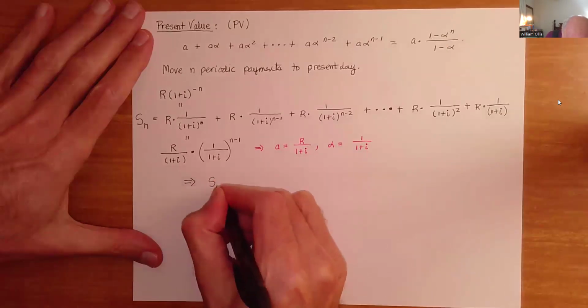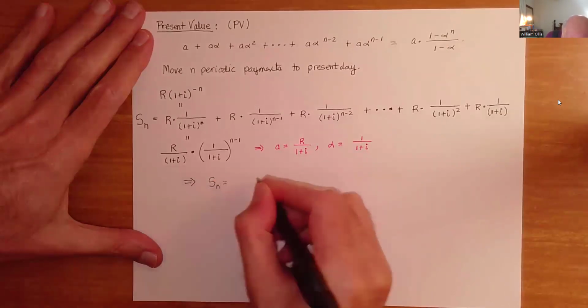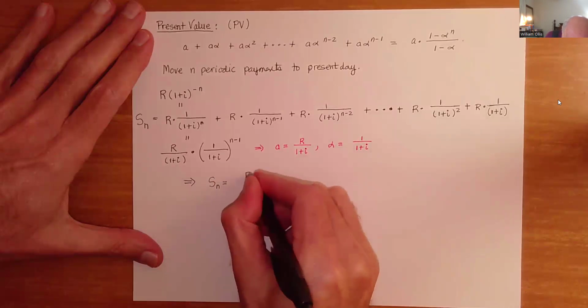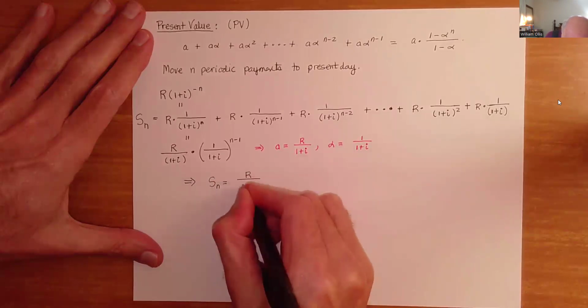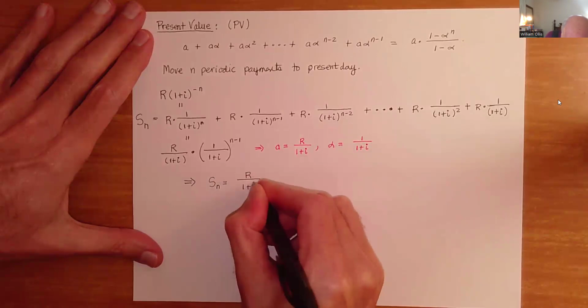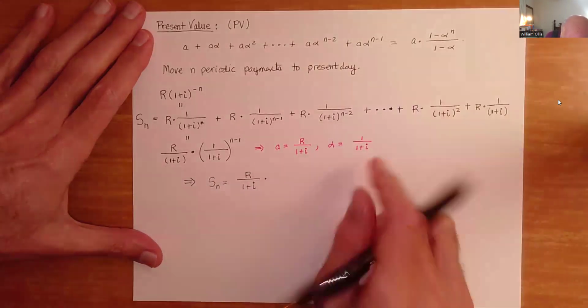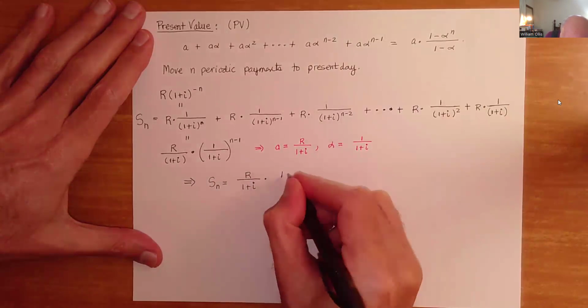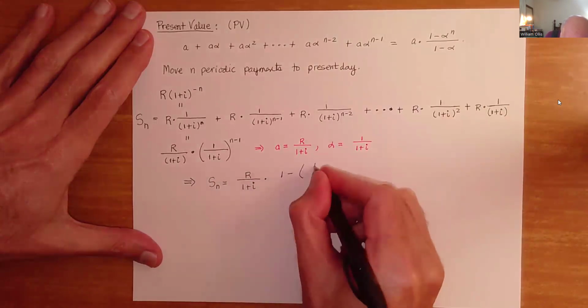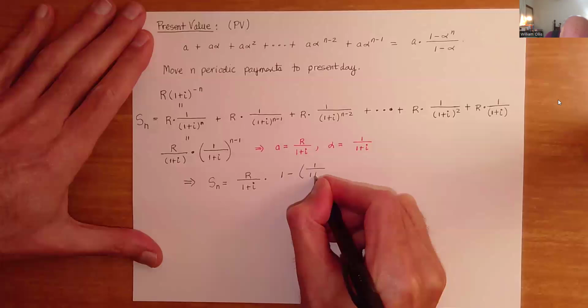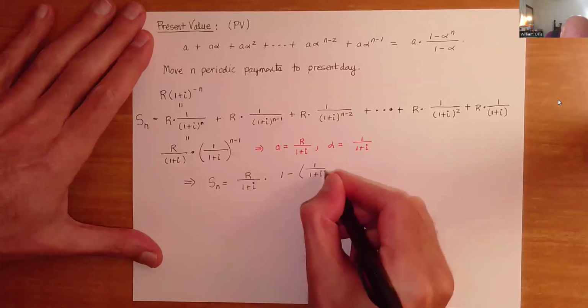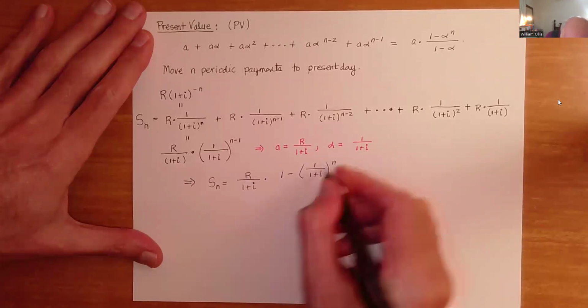S sub n will equal A, which is R divided by 1 plus I, times, and now we have 1 minus alpha to the n right here. So we have 1 minus alpha, which is 1 divided by 1 plus I, to the nth power.